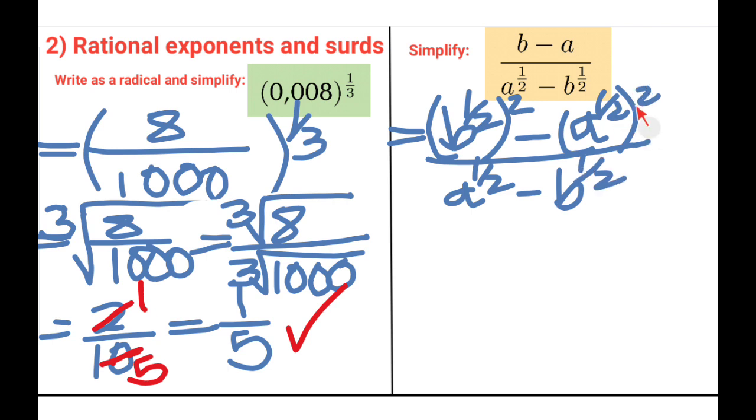Now let's factorize the difference of 2 squares here at the top. So that becomes 2 brackets. In the first one, you put the square root of the first square.